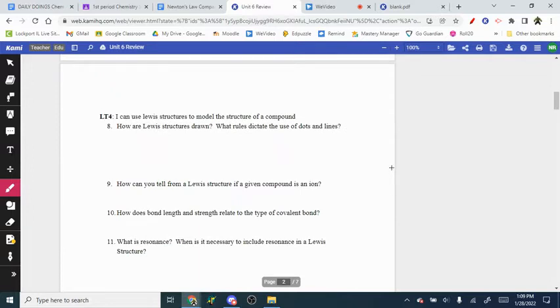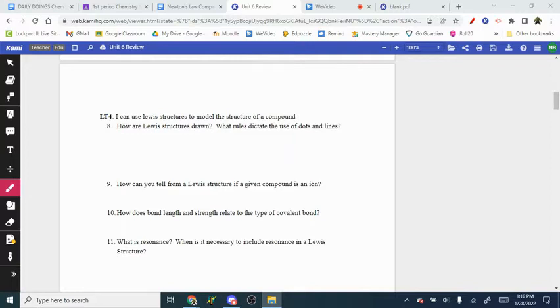All right, how are Lewis structures drawn? What rules dictate the use of dots and lines? So, Lewis structures are drawn by first, so there's steps.